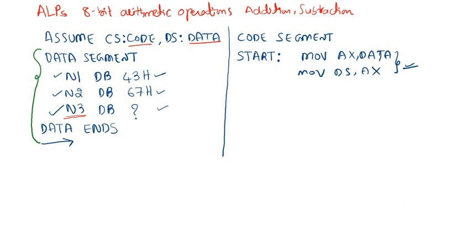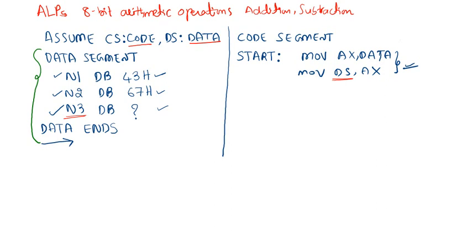You require this data segment to access this data, and whenever you write the logic for the addition in the code segment, to access the data segment you need to load DS with the segment starting address.